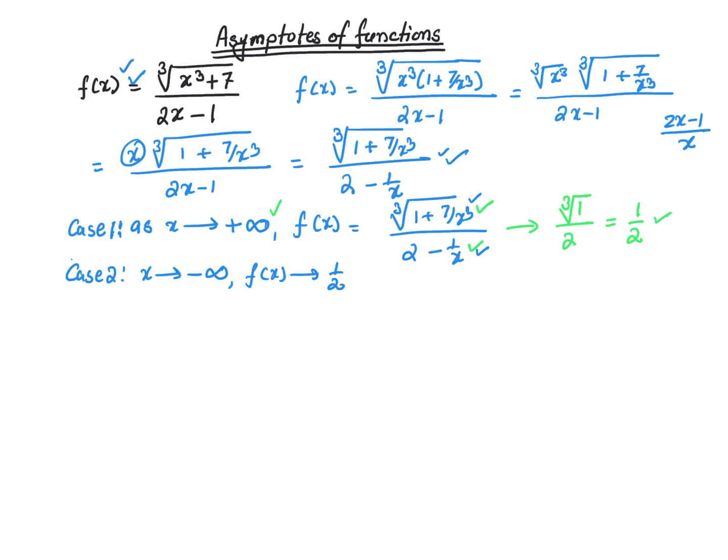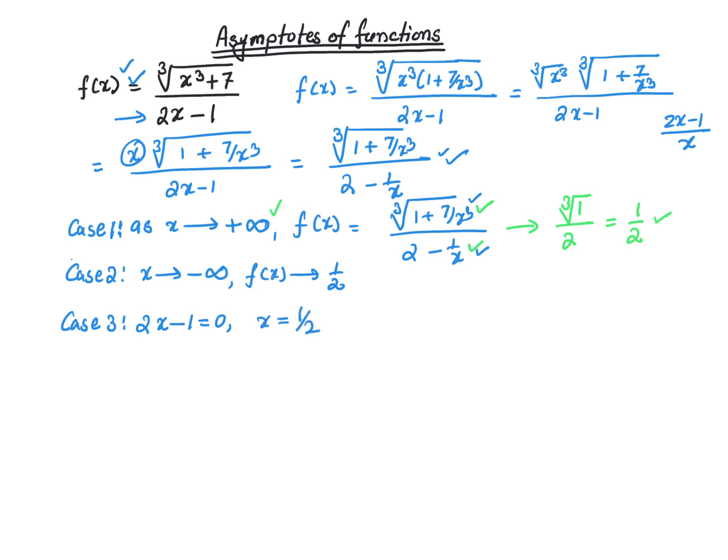Now we have to look at the denominator for the vertical asymptote. For what values of x does it approach infinity? Is it 0? So case 3, let me put it here. For a vertical asymptote, my 2x minus 1 has to be equal to 0. That means x is equal to 1/2.